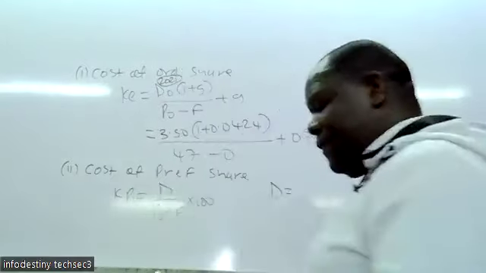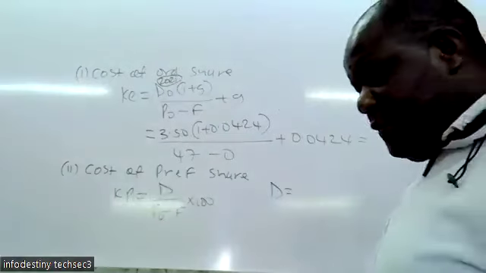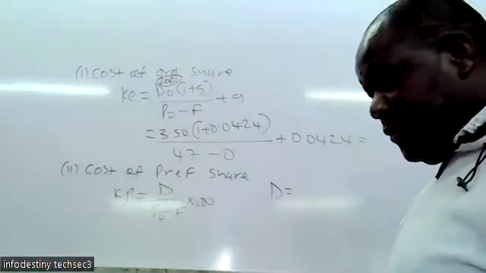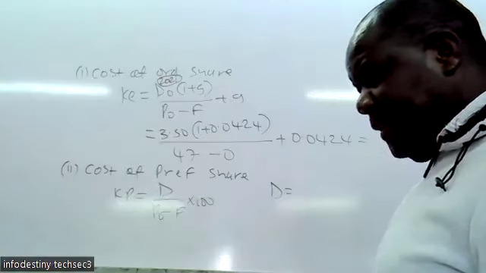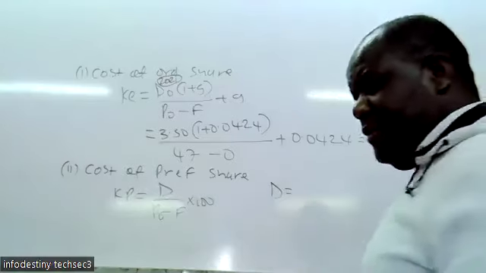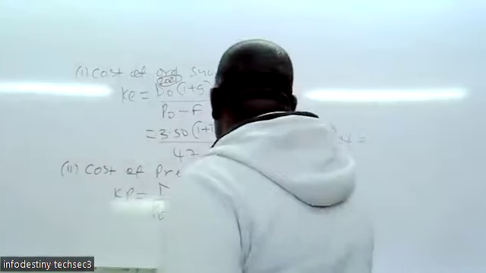To get the dividend, it is given as 4% of the par value under the long-term liabilities.